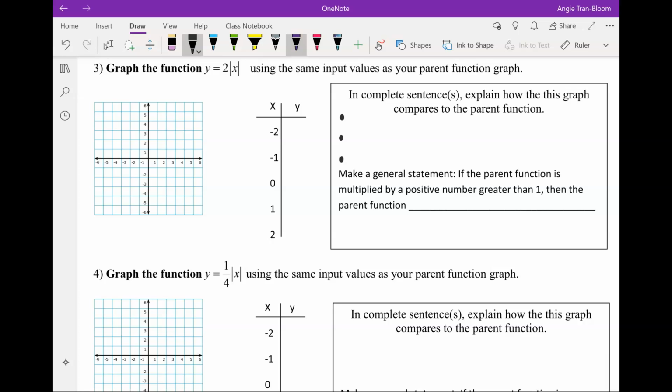Okay? So once you have the 5 outputs for exploration 3, I would like for you to graph it out.